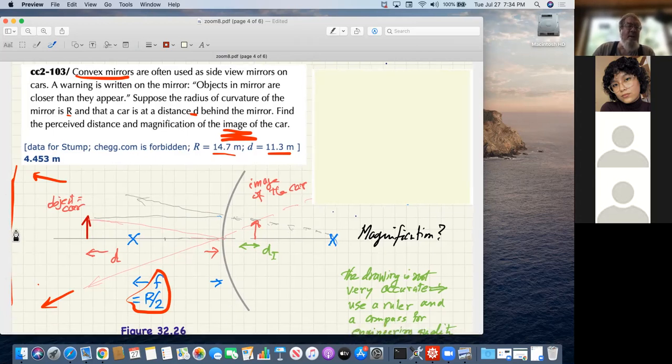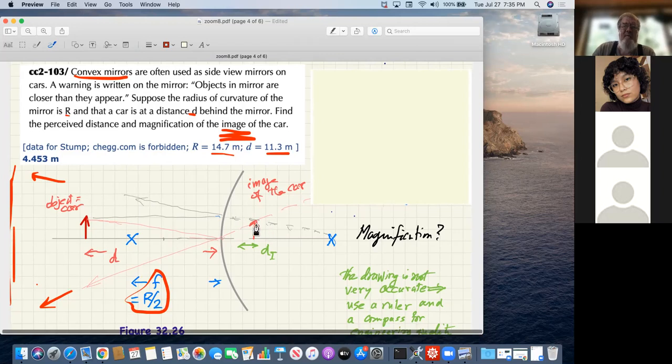So that's the image. And if I trace these outgoing rays back to the other side of the mirror, I find they cross at this point. So that's the image.